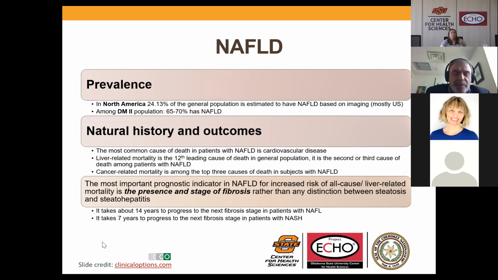Now, the important thing, on the last bullet, is that the most important prognostic indicator in NAFLD is the presence of liver fibrosis. And you are already pretty savvy in identifying liver fibrosis. If you identify that the patient has an advanced stage of fibrosis, you can proceed with the treatments without actually requiring a liver biopsy.